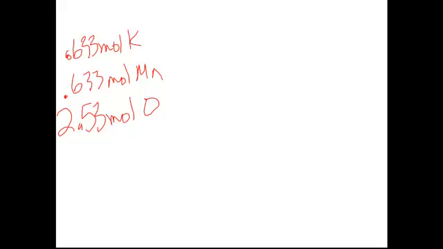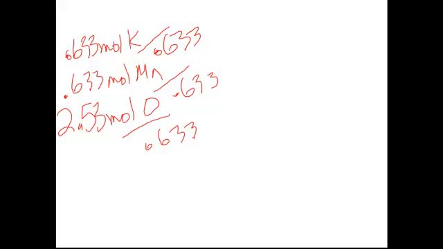We look at all of our three numbers here. What's our smallest number? In this case, we've got two of them that are both the smallest number. So we're going to divide everything by 0.633. In this case, for potassium, we get 1 potassium.